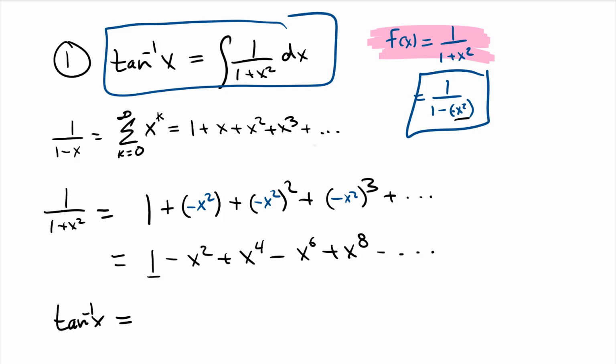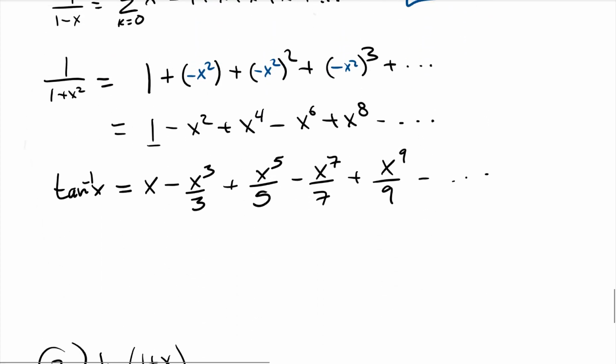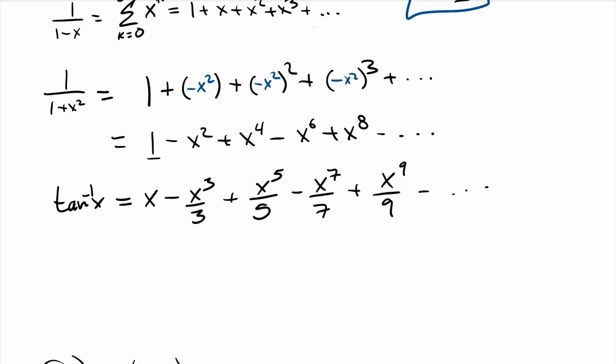So that's x, that's x cubed over 3 plus x to the 5th over 5 minus x to the 7th over 7 plus x to the 9th over 9. And then there's a pattern emerging. We've now just found a power series representation for inverse tangent by messing around with this derivative, because we knew its derivative.